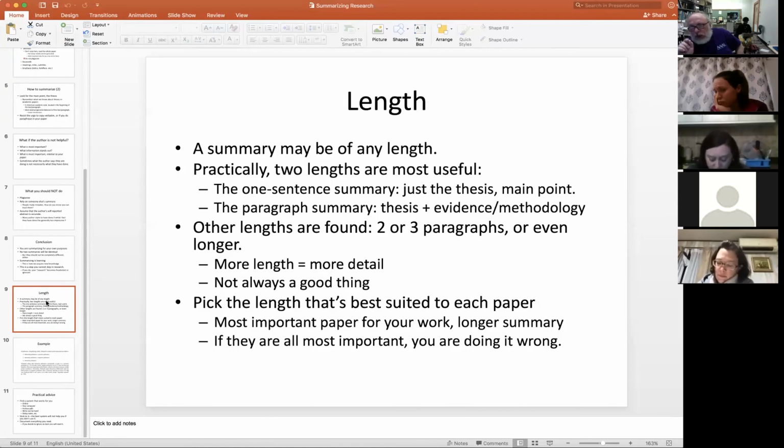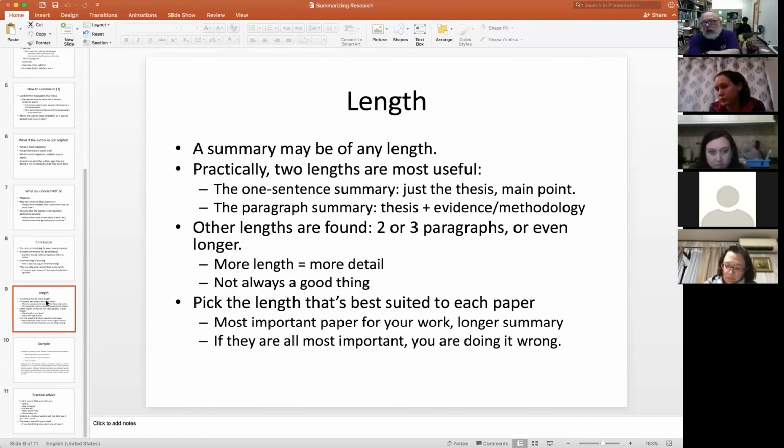I said, her study showed that smiling during oral corrective feedback did not improve the students' uptake of the correction. That's it. That's a 1-sentence summary, right? It says everything you need to know about the dissertation in 1 sentence. Okay? That's the argument, that's the point, that's the finding. That's just the main point, just the thesis.